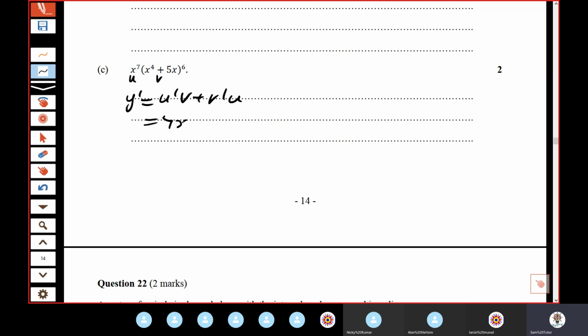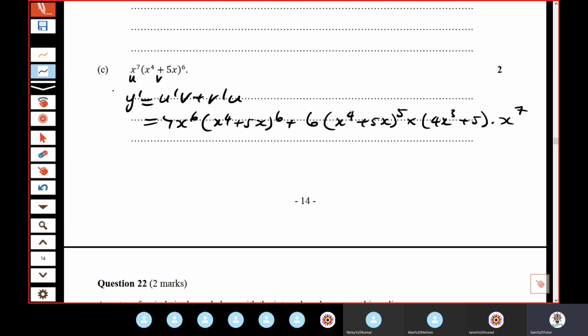U dash is 7x to the power of 6 times v, plus v dash times u. The part that everybody goes wrong is right here. They don't write brackets. So be careful.